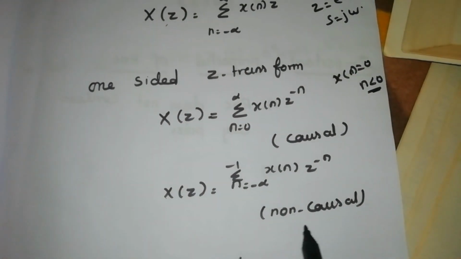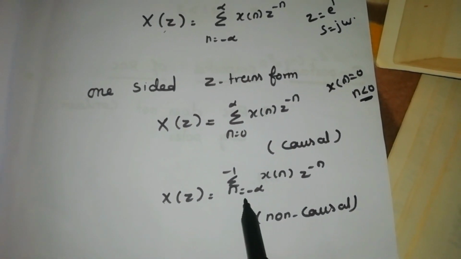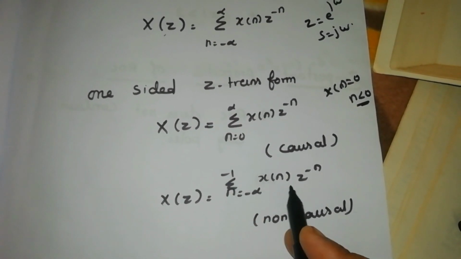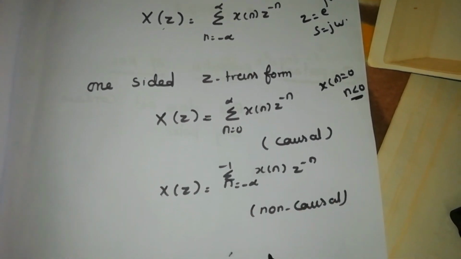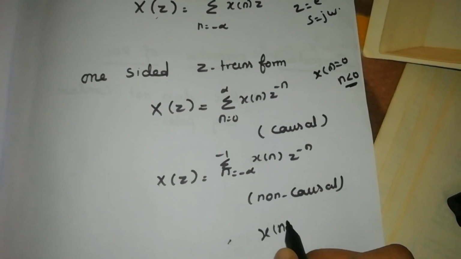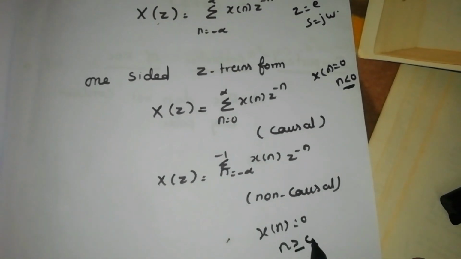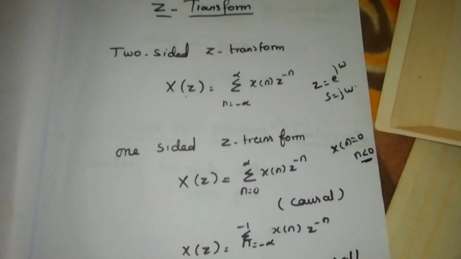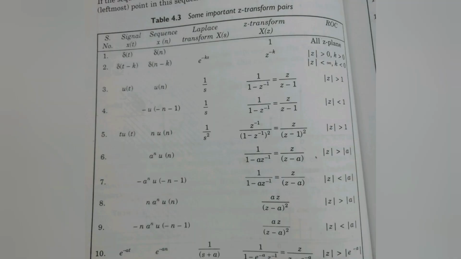Similarly, we can find for non-causal sequence, X of z is equal to summation n equal to minus infinity to minus 1 x of n z power minus n, and here x of n is equal to 0 for n greater than or equal to 0. This is a non-causal sequence. And these are some important Z transform pairs.